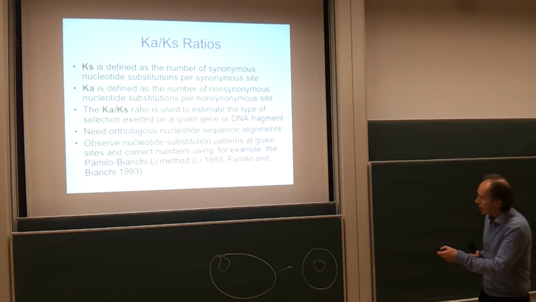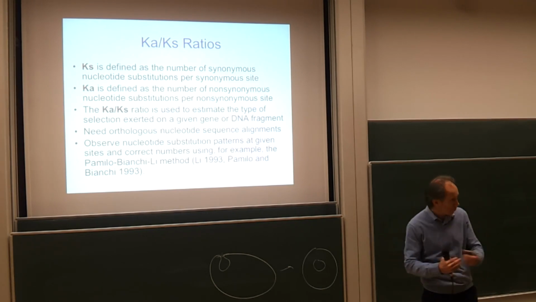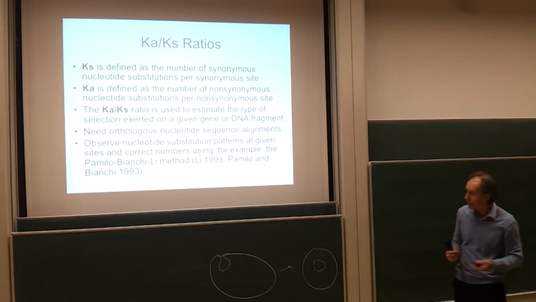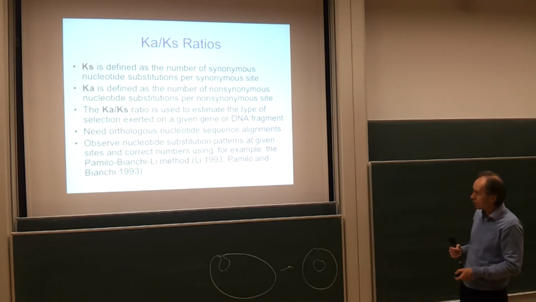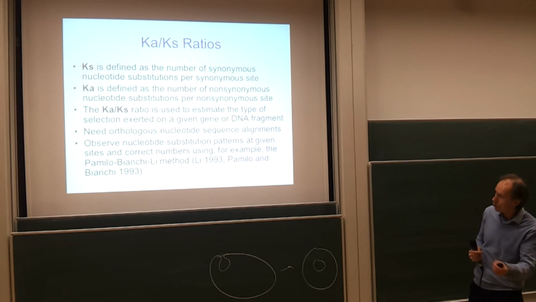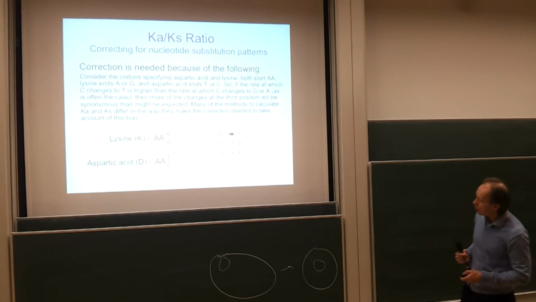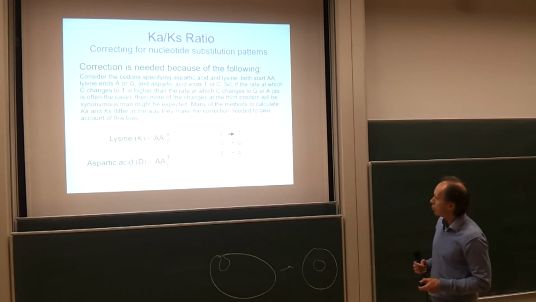So basically, what can you now do? You make a multiple alignment of orthologous sequences, that's the best, really, using related sequences. Then you look through those positions: what is conserved, which sites are synonymous sites, and which sites are non-synonymous, and you can count and calculate that ratio. Now, if you do this, here you see a few possibilities.